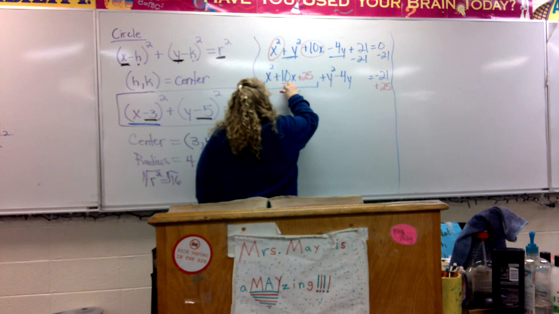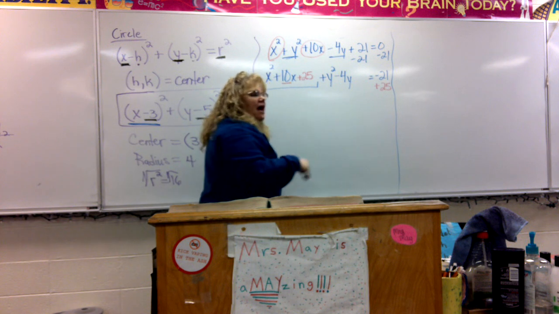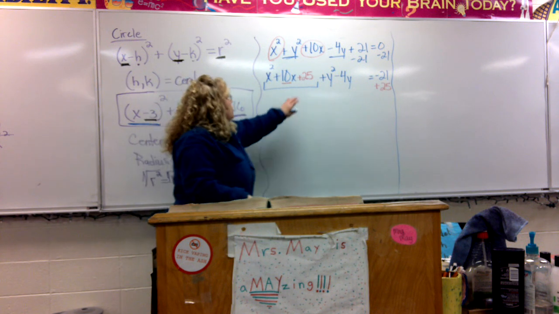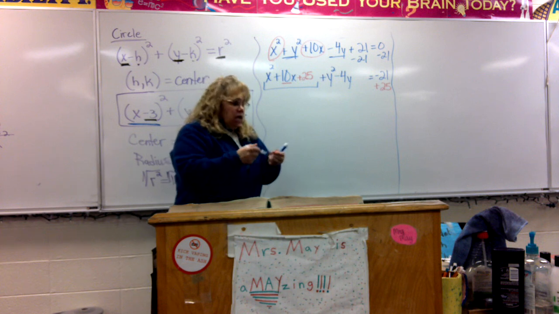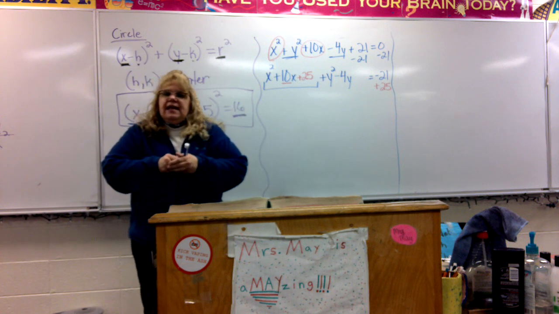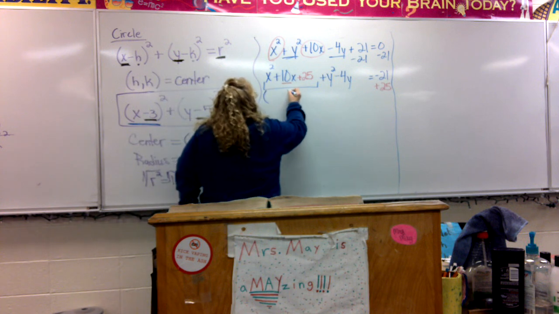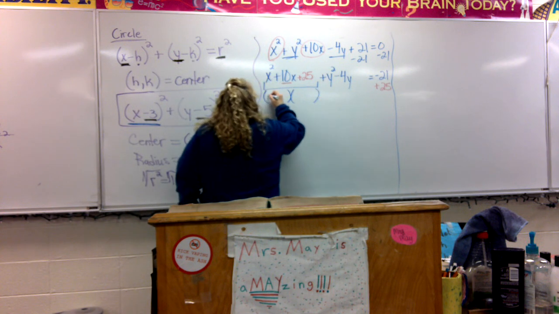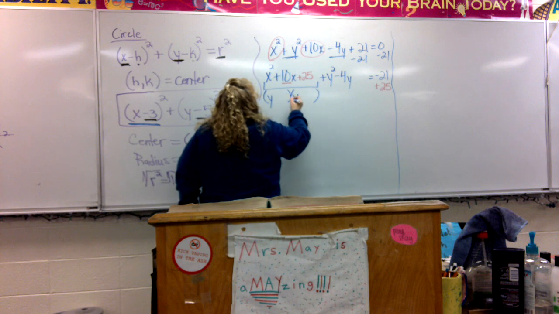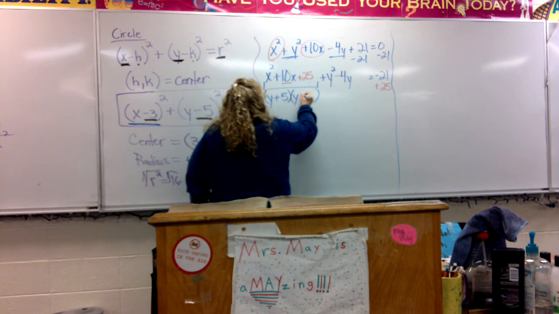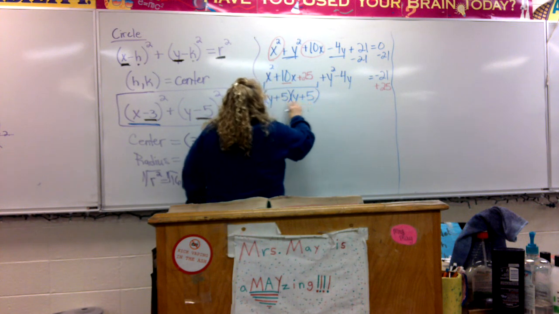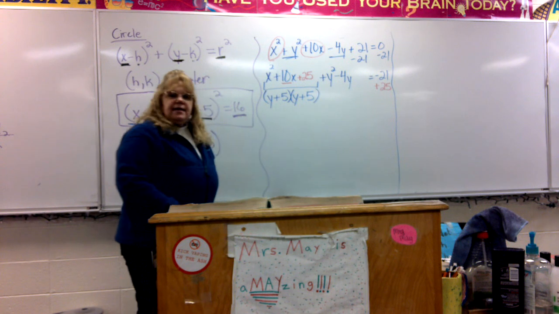Remember, you take half of this and square it. Half of 10 is 5. 5 squared, 25. Once you do that, now you should be able to factor this. And not only should you factor it, but you should be able to factor it into two quantities that look the same.